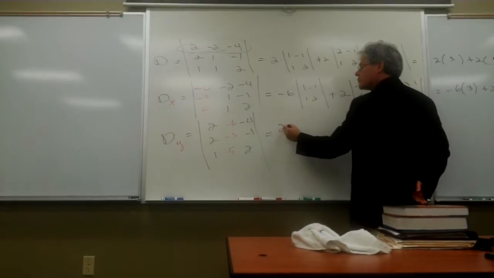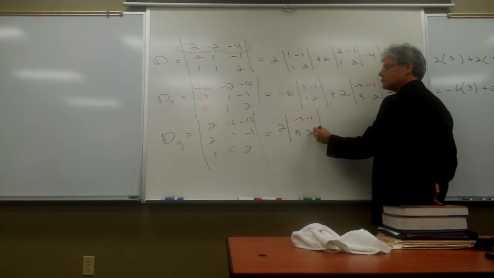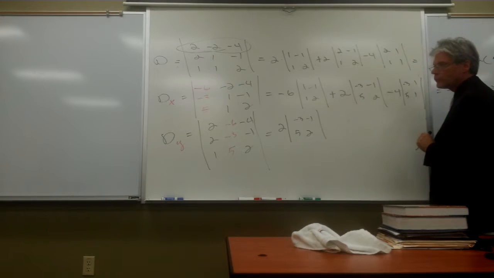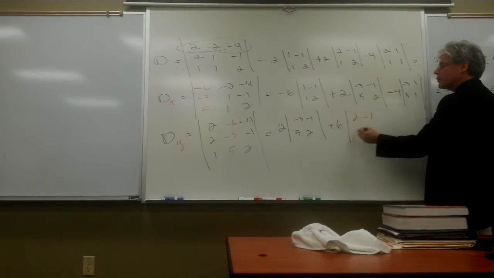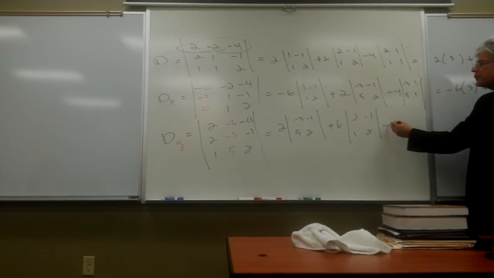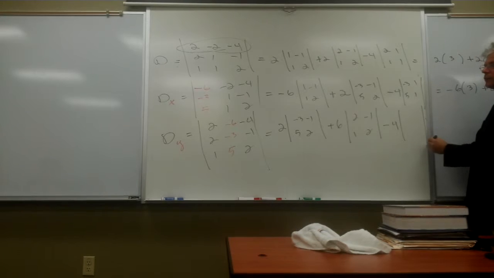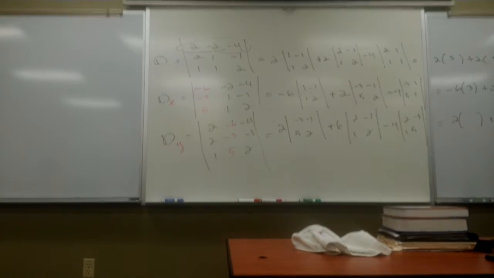Does that give me 2 times this, plus a -6, but with a sign change, times 2, -1, 1, 2, plus a -4 times this 2 by 2, 2, -3, 1, 5? But that's 2 times something, plus 6 times something, minus 4 times something.